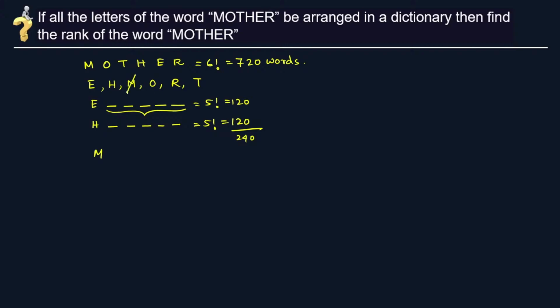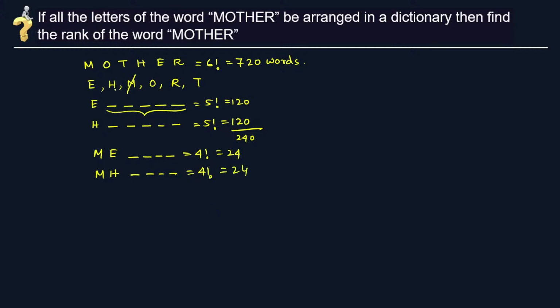Since the word starts with M, the next letter alphabetically has to be E. So all the words which start with ME will be factorial 4, which gives us 24. Is it clear? After E, alphabetically H will come, and it will again be factorial 4, which gives us 24.